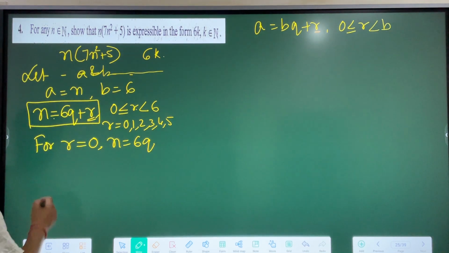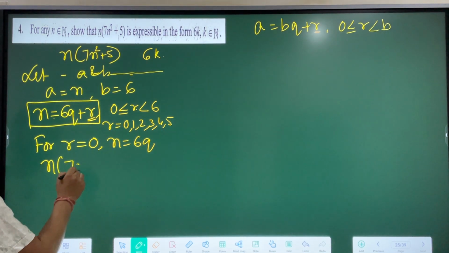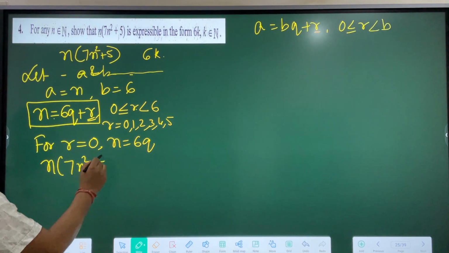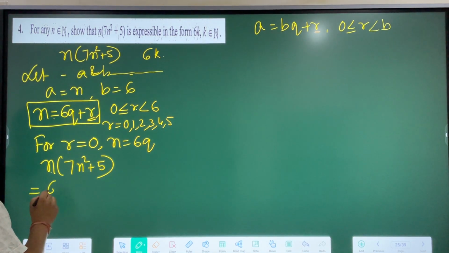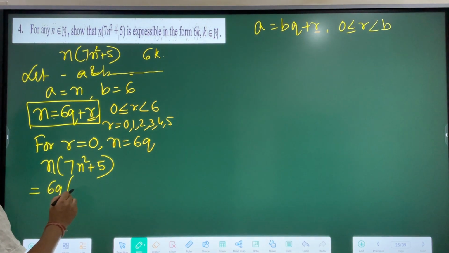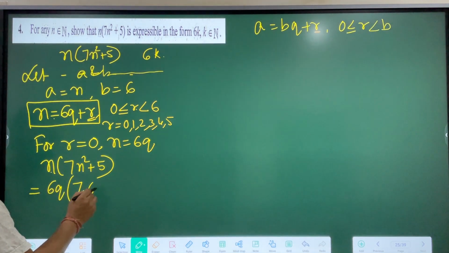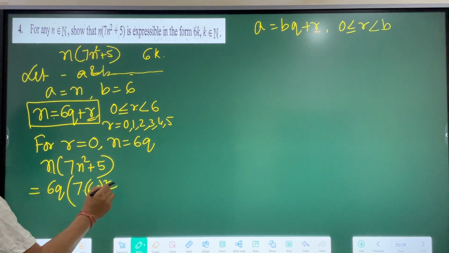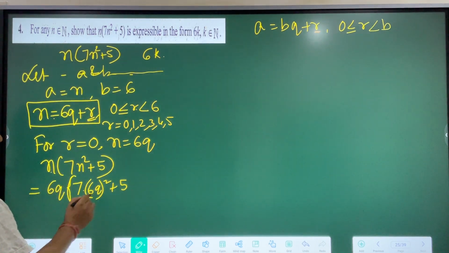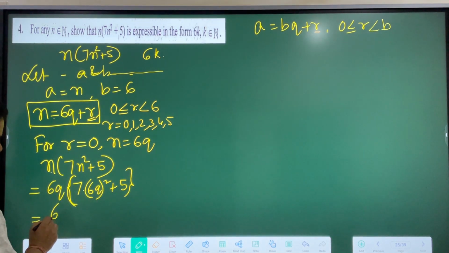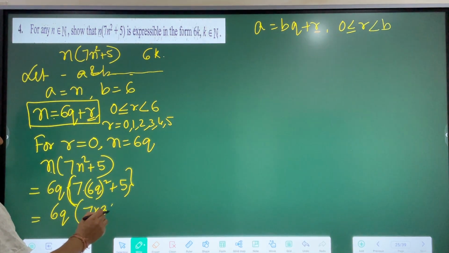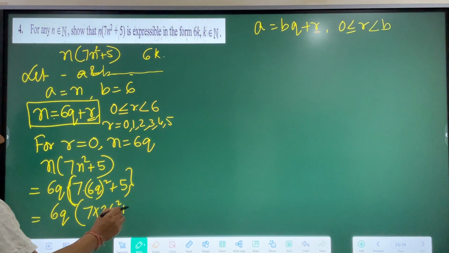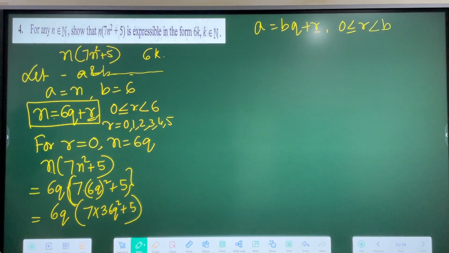So what is the term given? n into 7n square plus 5. So in place of n, we will get 6q: 6q into 7 into 6q whole square plus 5. This should be in a second bracket. 6q into 7 into 36q square plus 5.